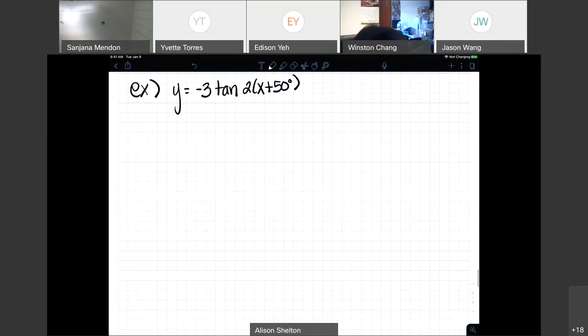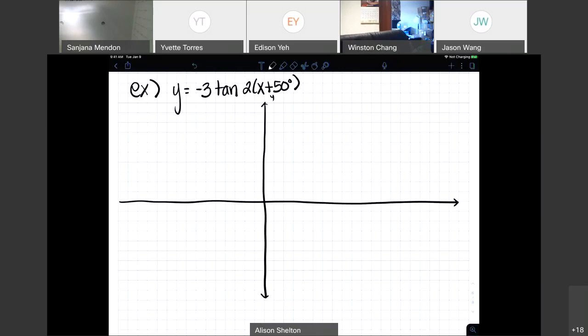All right. We'll do one in degrees. So go ahead and make your X and Y axis. And let's see. I'll make every one of these.